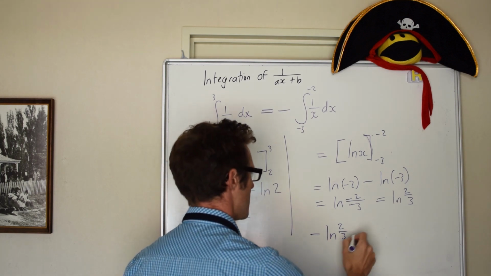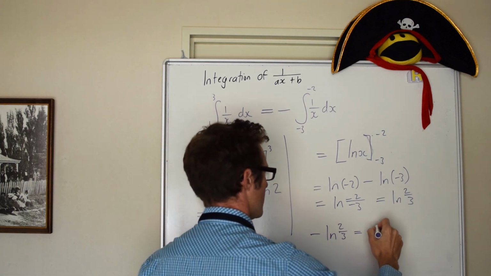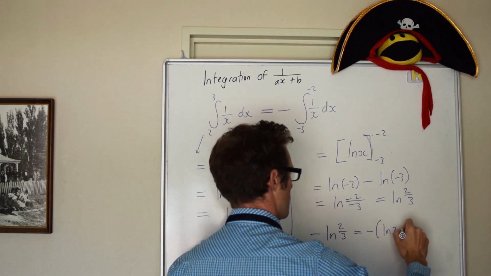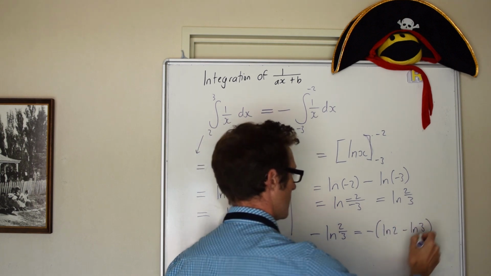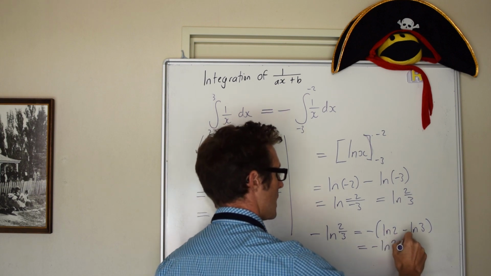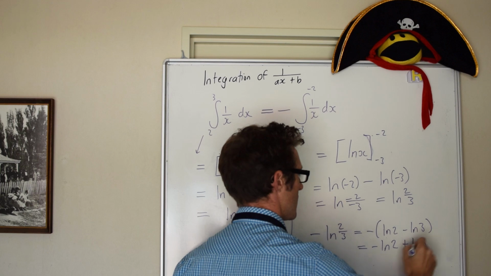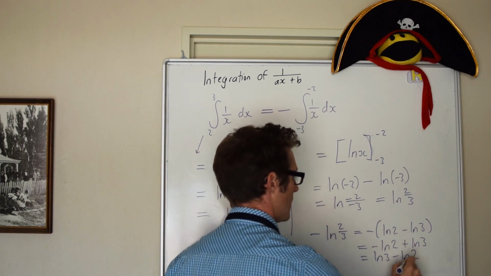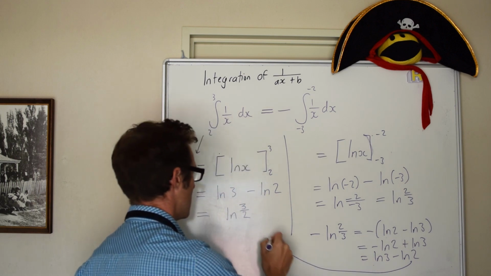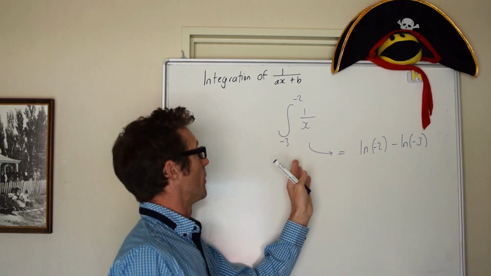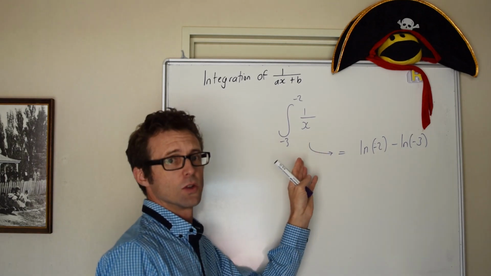Well, it is equal to minus, big bracket, ln 2 minus ln 3. What is that equal to? Negative ln 2 plus ln 3, which is equal to ln 3 minus ln 2, and that is equal to that.